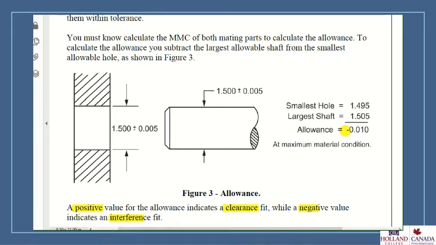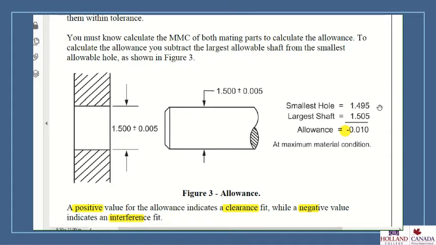To calculate the allowance, you subtract the largest allowable shaft from the smallest allowable hole. So in this case, the largest allowable shaft: we have 1.500 plus or minus 0.005, so the largest allowable shaft would be 1.505. The smallest allowable hole, we have 1.500 plus or minus 0.005, so the smallest allowable hole is 1.495.